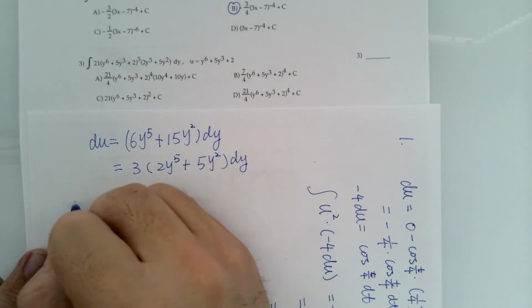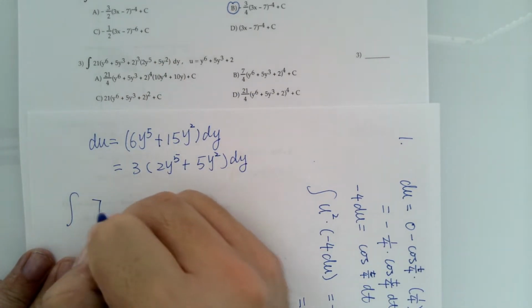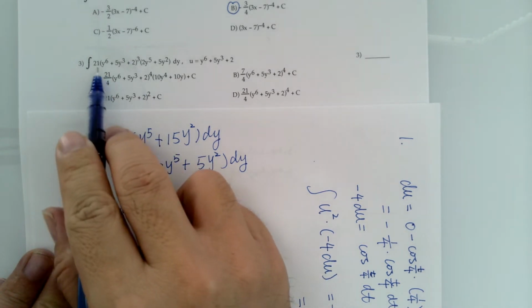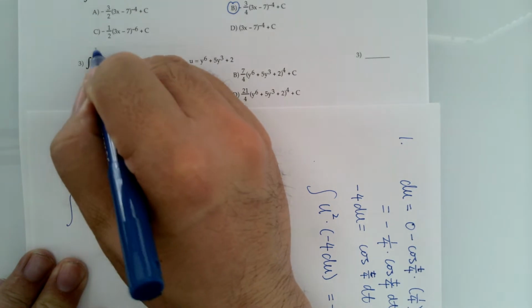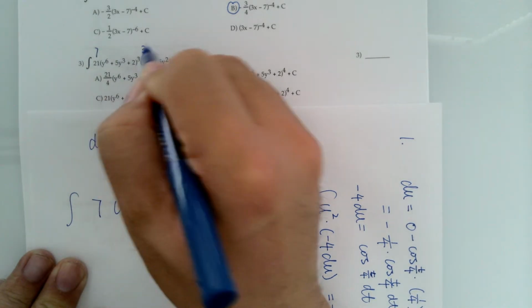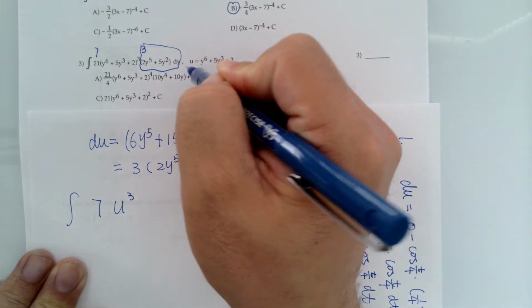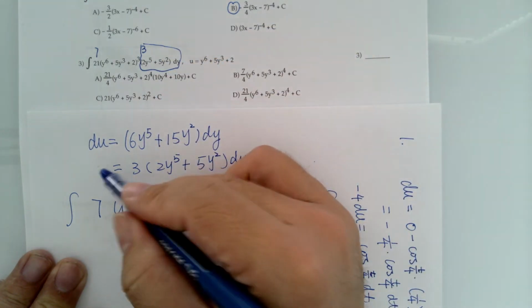So what do we get after substitution? We're going to have 7 times u cubed, because I rewrite 21 into 7 times 3 so that this part, 3 times this guy dy, is exactly my du, okay?